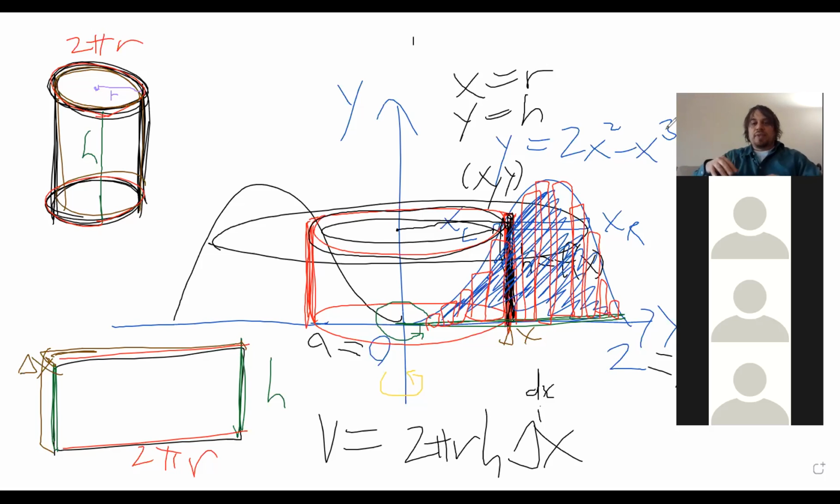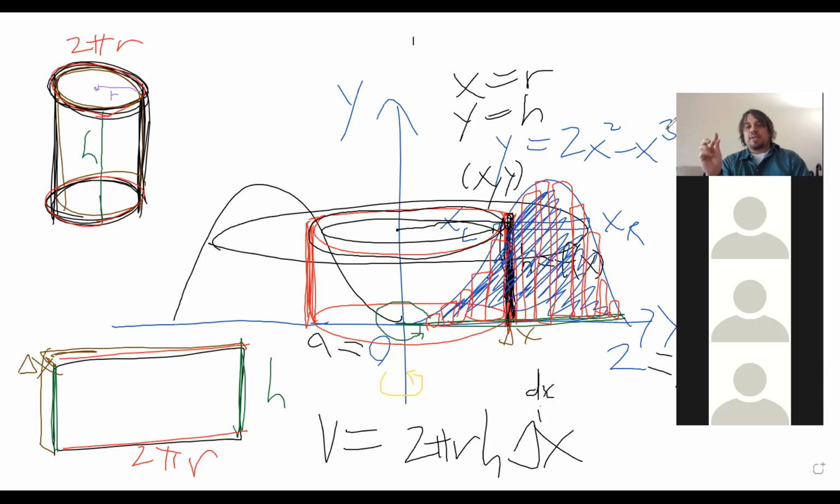On a higher level, why do we care about the x intercepts? We care about them because the region we're rotating starts at x equals 0 and ends at x equals 2. To approximate the area, we use approximating rectangles, those red things. When we rotate the two-dimensional region around, we get a three-dimensional region.